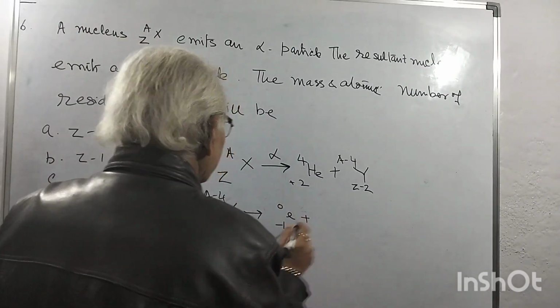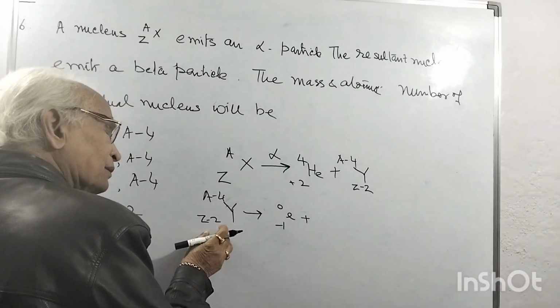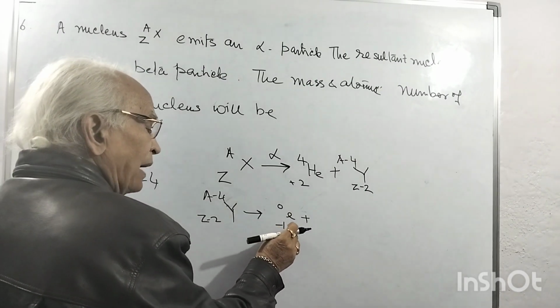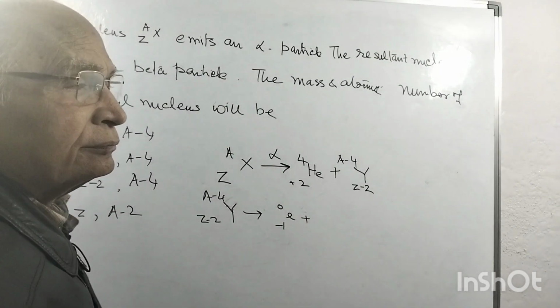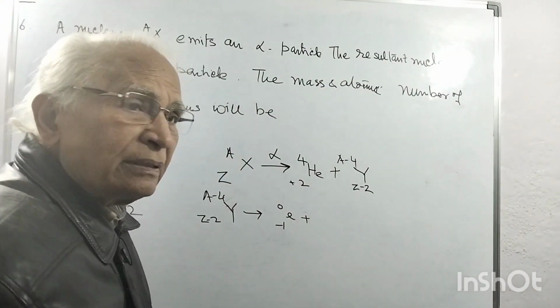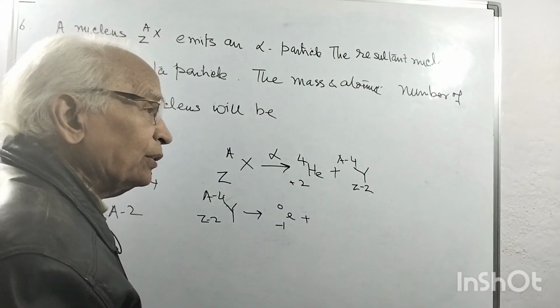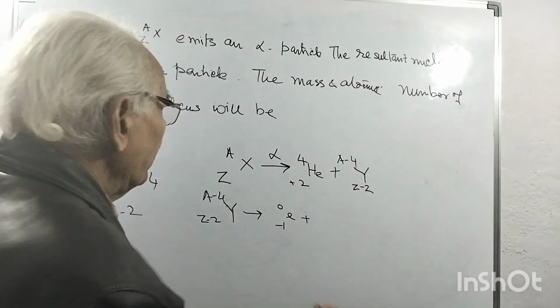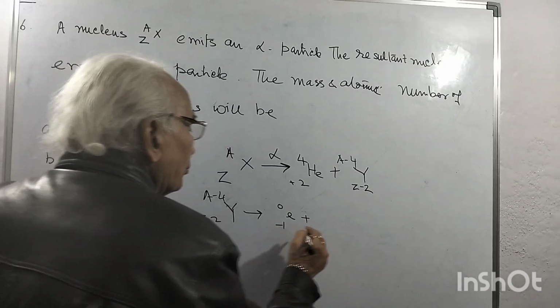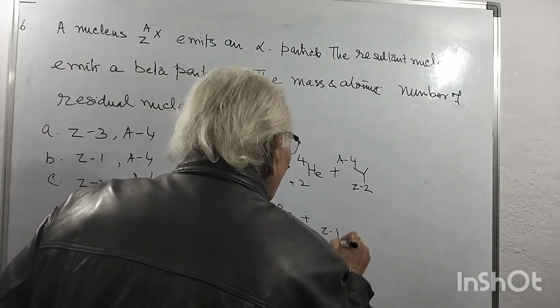So one minus charge is going out. Minus charge going out means positive charge is increasing, because beta decay means a neutron converted into a proton. So the positive charge increases and becomes Z minus 1.